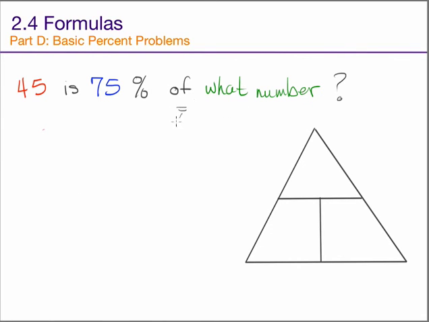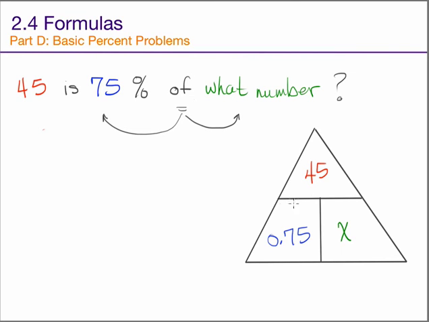Find the word of and put this number on one side of it. Since that's our percentage, I need to write it as a decimal. And this number on the other side. This is our unknown, our what number. So we'll call that x. The only piece left is the 45. So that goes here.